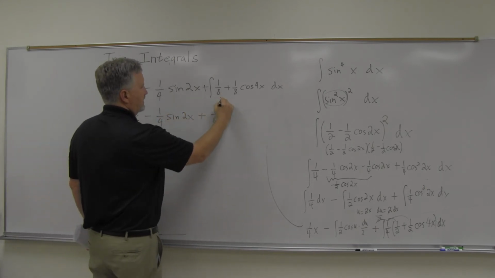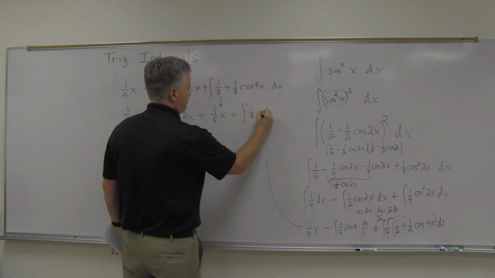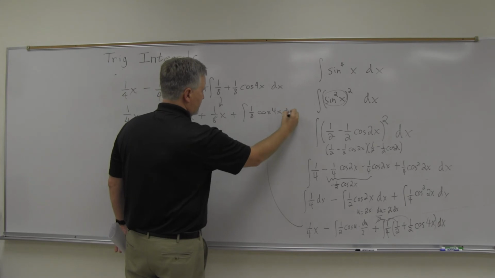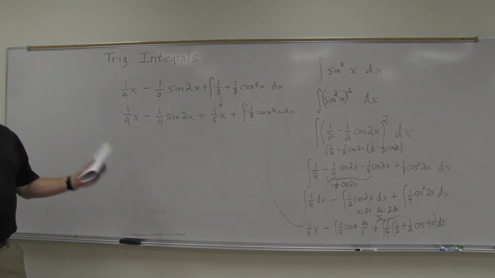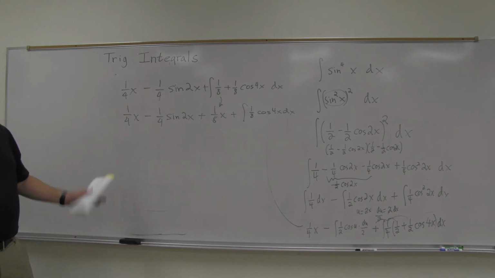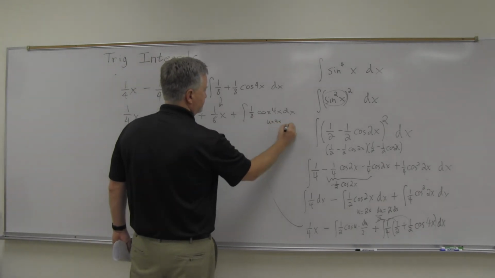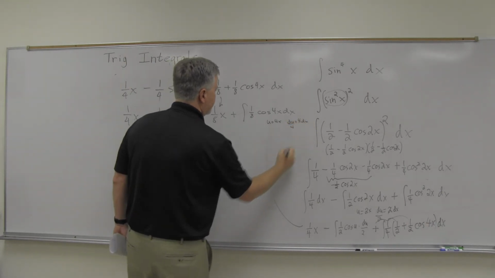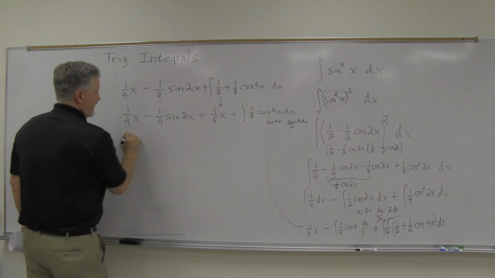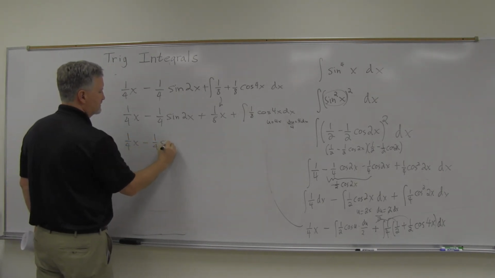That's just going to be 1/8 x, and then we're going to have this integral 1/8 cosine of 4x dx. So let me just rewrite that, because how are we going to do that? Another little u substitution. u equals 4x, and so du is 4 dx, so du over 4 is my dx.